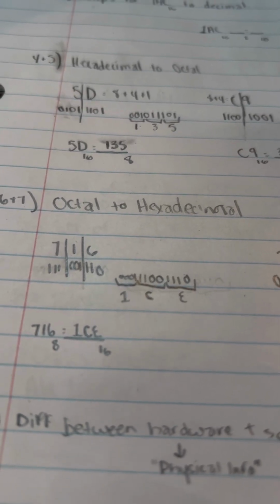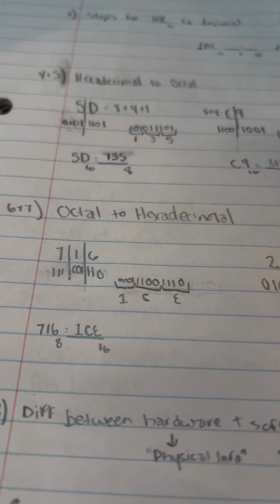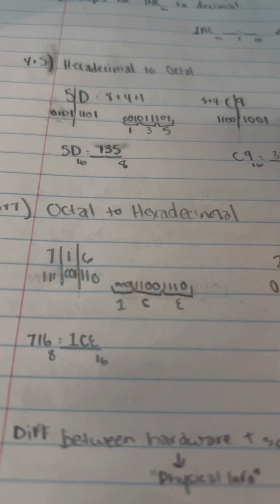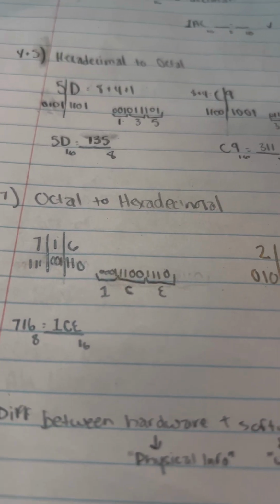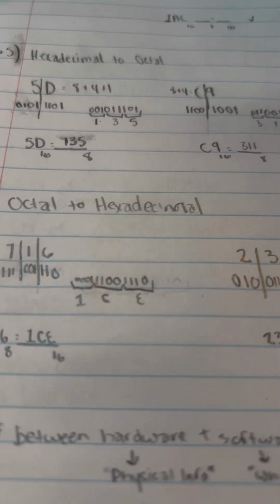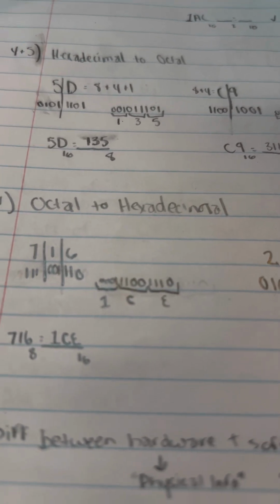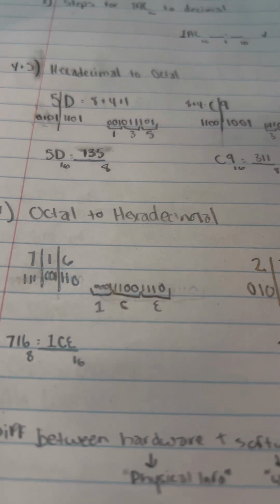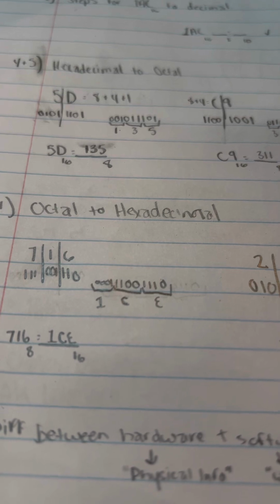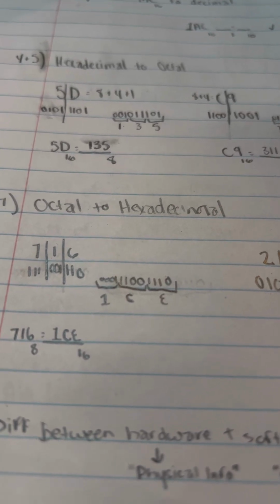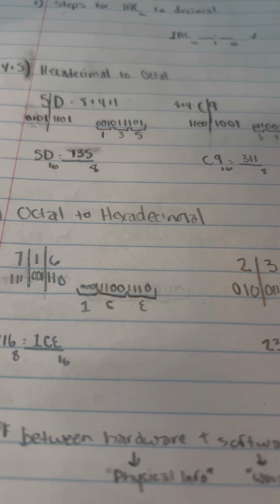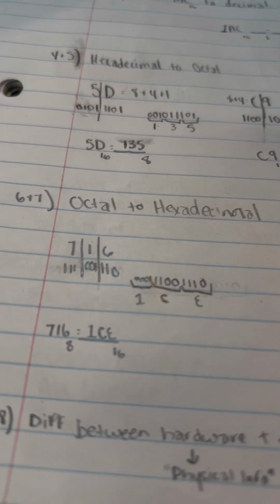And this equaled out once we break it down to groups of 4, because we know this is hexadecimal, not octal. Octal is groups of 3, and hexadecimal is groups of 4. So when we group them in groups of 4, we get E, C, and then 1. After 10, our decimal then transforms to letters.